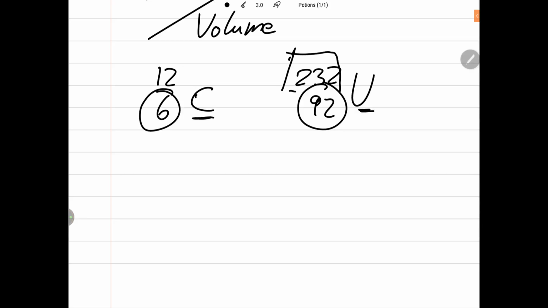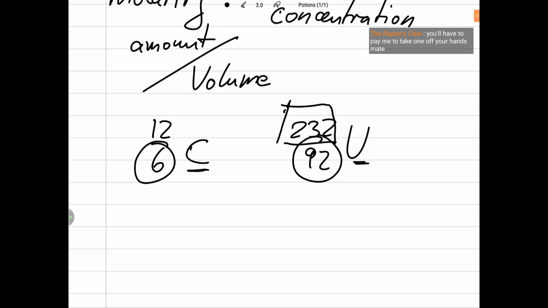This guy here, this 232, this number has two meanings. One meaning is it tells you how many particles in total are in the nucleus.